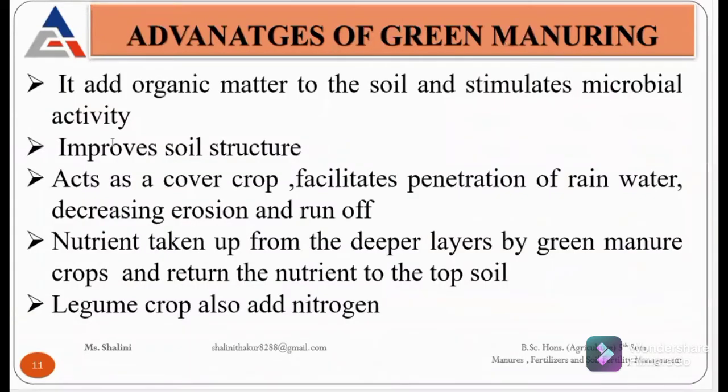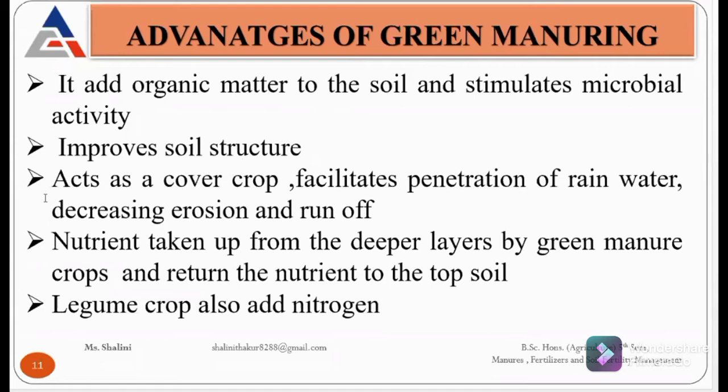Then we talk about the advantages of green leaf manuring, or green manuring. First, they add organic matter and also improve the microbial activity in the soil. They also improve the soil structure, and act as a cover crop because they can intercept the rainwater.